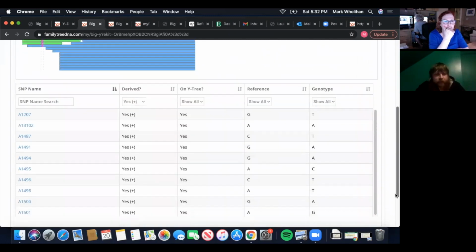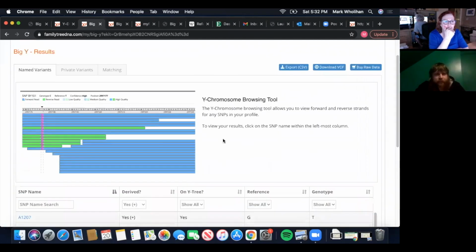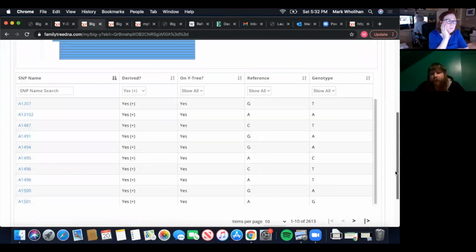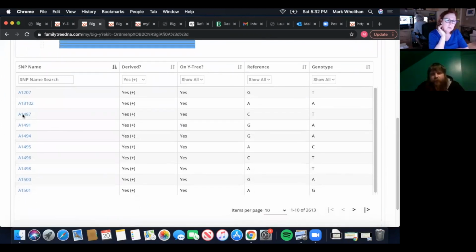Here we go. No, these are the named. Okay, so named variants are SNPs that other people already have and they've already named. So they've already given a number to.